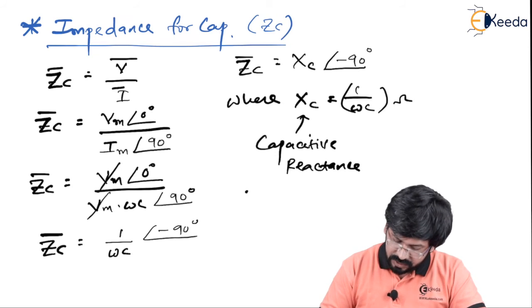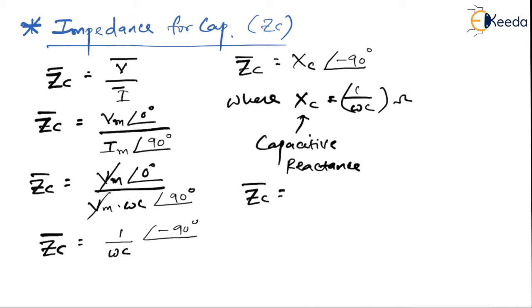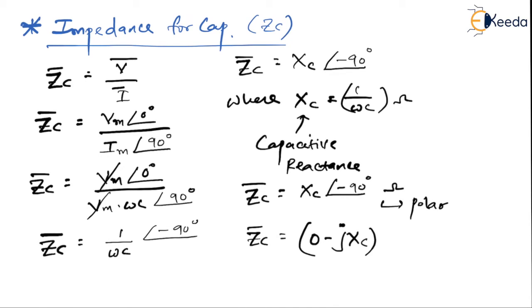Ohms. Finally, I can represent ZC vector as XC at an angle of minus 90 degree. In what form? Of course, polar form. Or I can represent ZC vector as 0 minus jXC ohms in case of rectangular form.